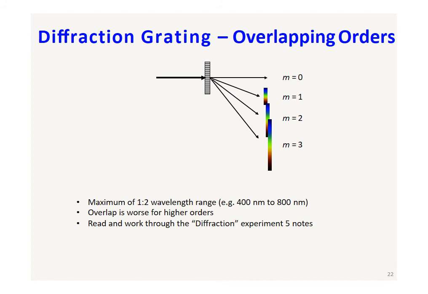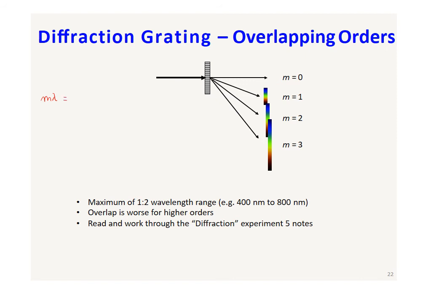We run into a problem when we're using the grating to disperse light to work out its spectrum. And that's the problem of overlapping orders. So the grating equation makes it clear that m lambda at a certain angle is not necessarily unique.